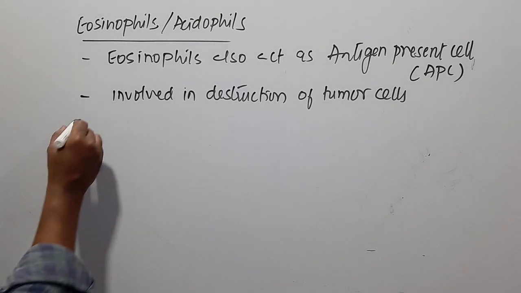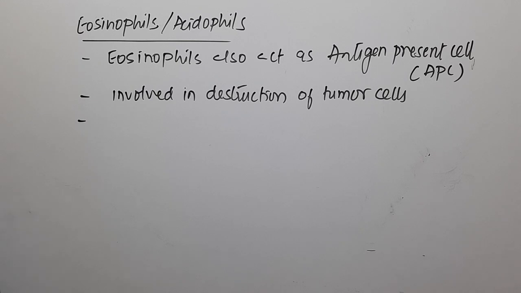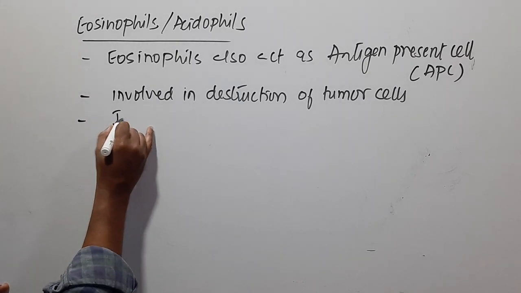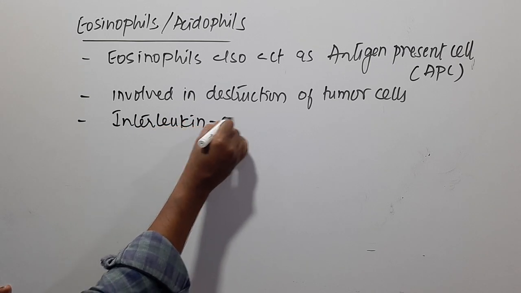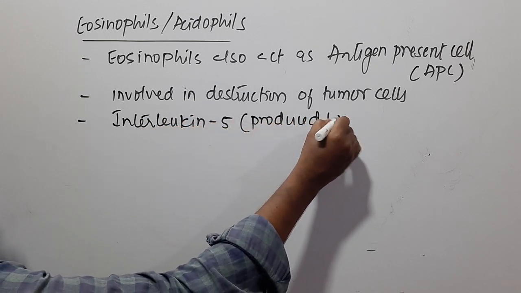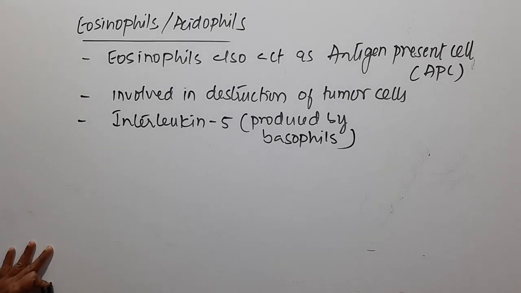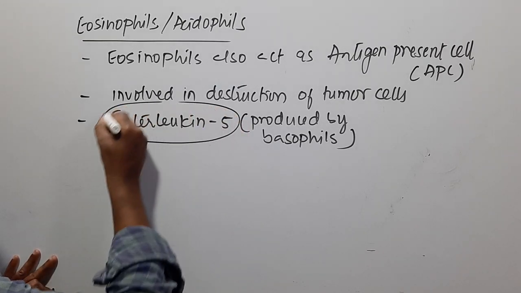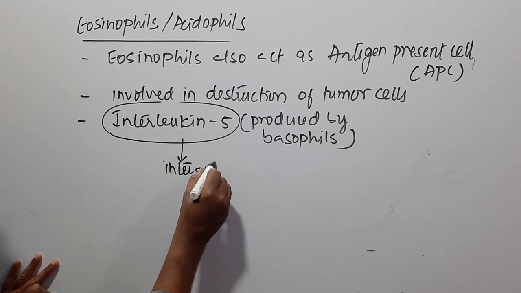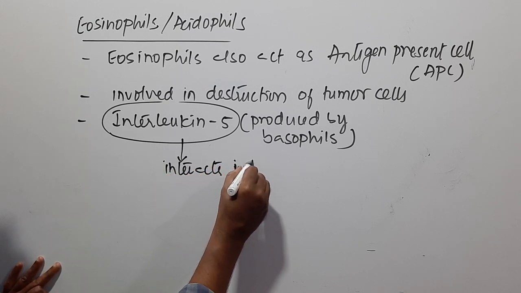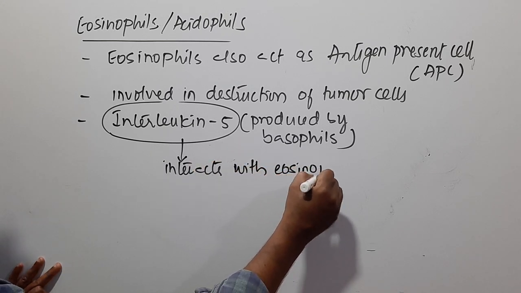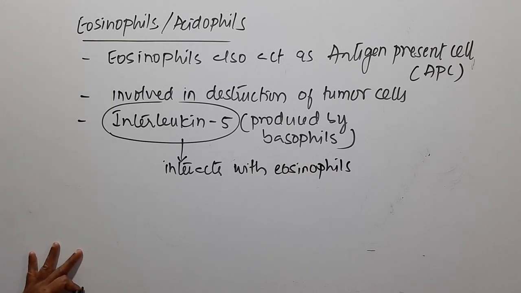And a polypeptide called interleukin 5, that is actually produced by basophils, interacts with the eosinophils, and this will help the eosinophils to grow and differentiate.